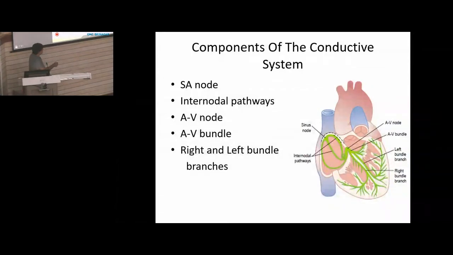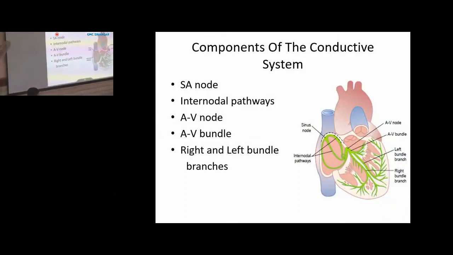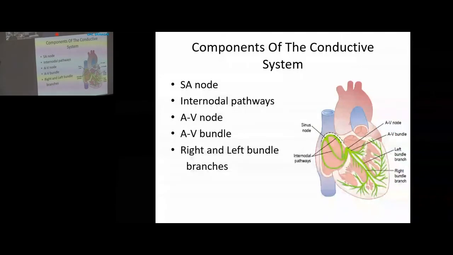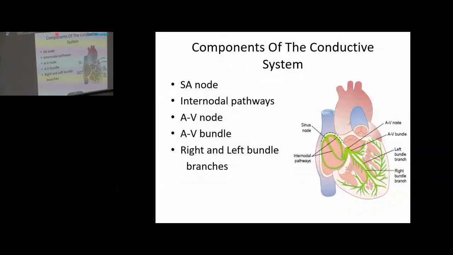This SA node is connected to AV node by mainly these three tracts. These three you can call internodal pathways: anterior, middle and posterior. We'll talk about what their names are.